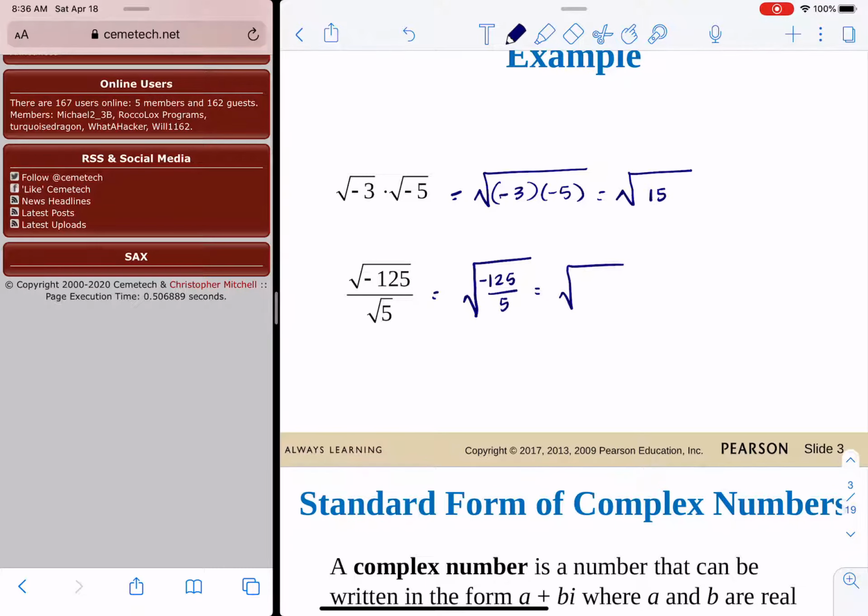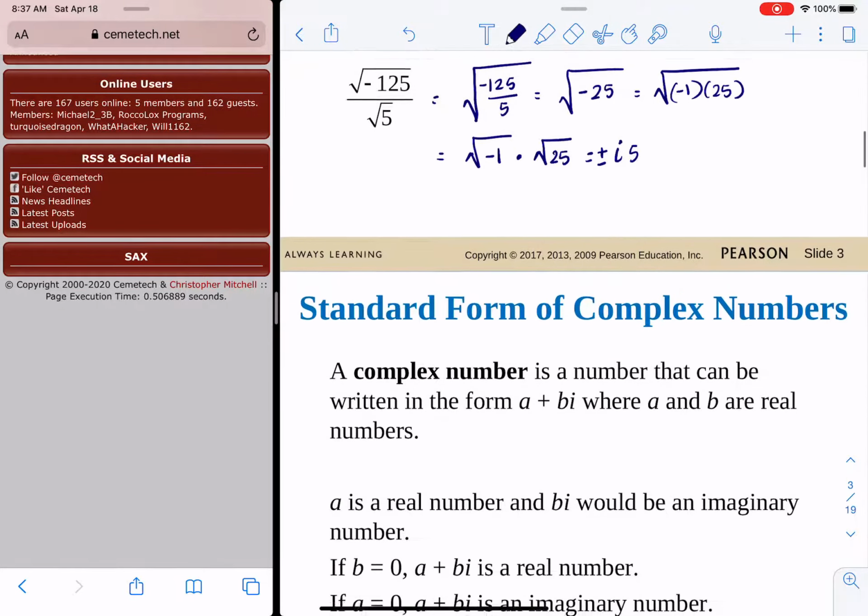So negative 125 divided by 5 would be negative 25, which is the square root of negative 1 times 25. We can split it up and write it as the square root of negative 1 times the square root of 25. The square root of negative 1 is i. The square root of 25 is 5. So we have plus or minus i times 5.